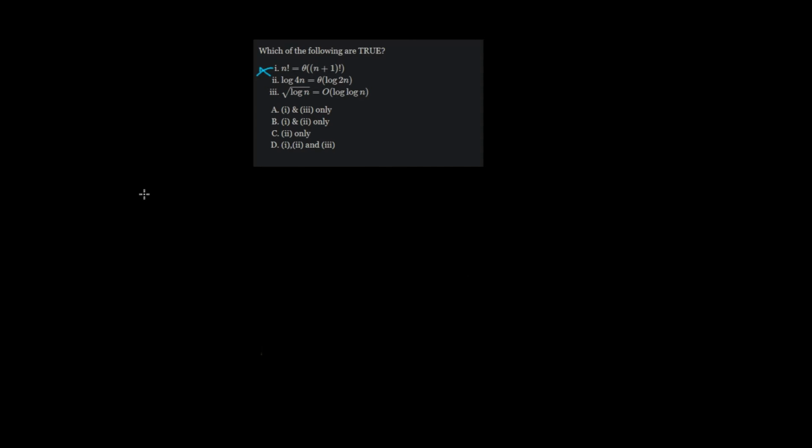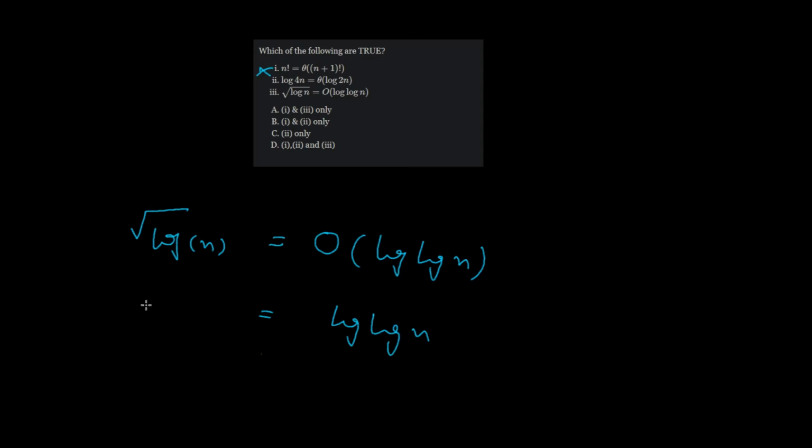The third one says root of log n is equal to big O of log n. So just ignore the big O for a second and write log n, and here is log n whole power 1 by 2, right?